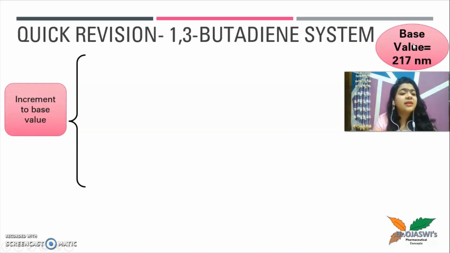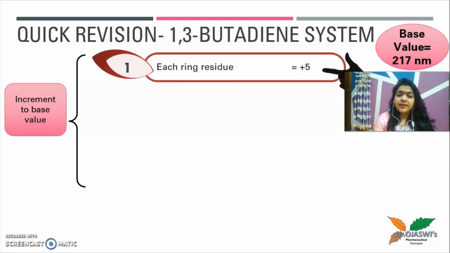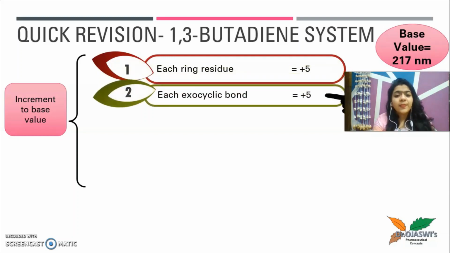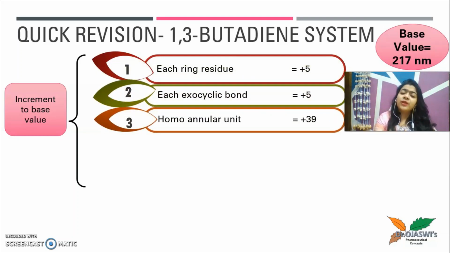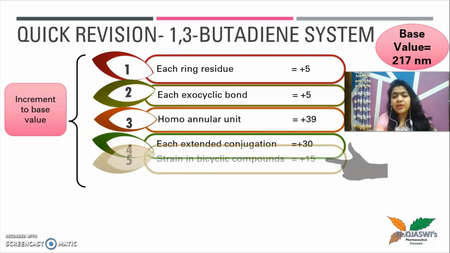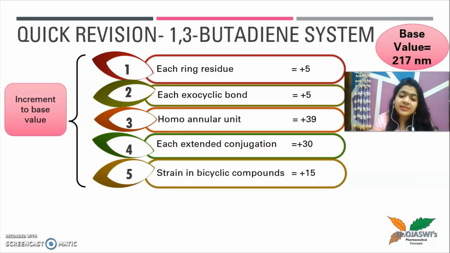And these are the incremental values: each ring residue increases the absorption by 5 units, contribution of each exocyclic bond is 5 units, homoannular unit contributes increase by 39 units, each extended conjugation causes the increase in absorption by 30 units, and strain in bicyclic compound causes the increase in lambda max by 15 units. So these are certain incremental values.